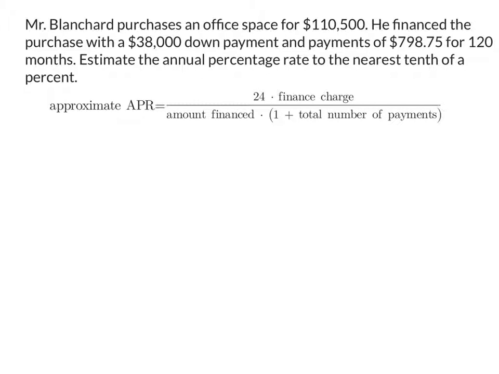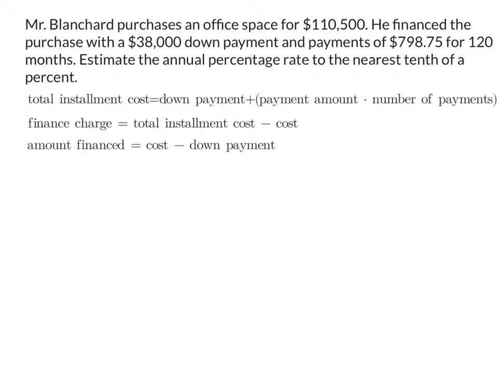Now notice that we need to know the finance charge and the amount financed before we can use this formula. So first, I'm going to calculate the finance charge. The finance charge is the total installment cost minus the cost.